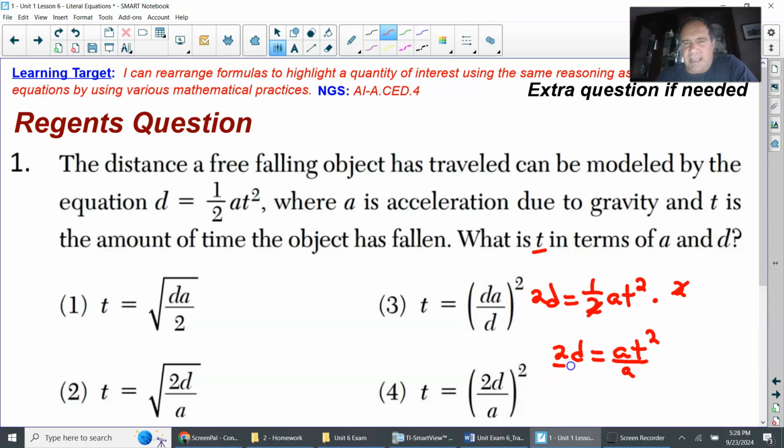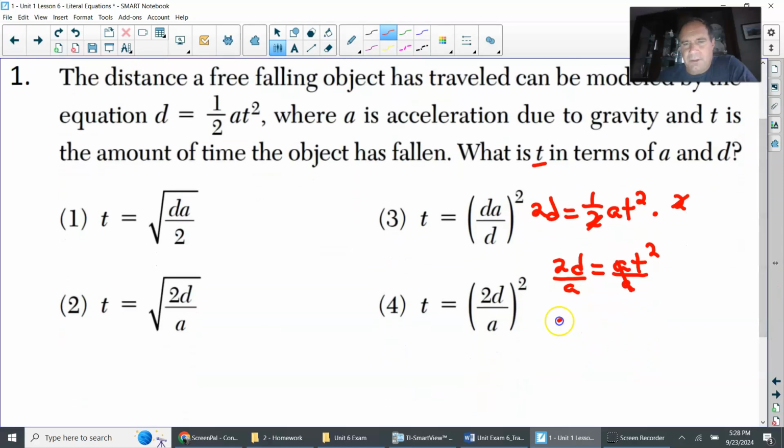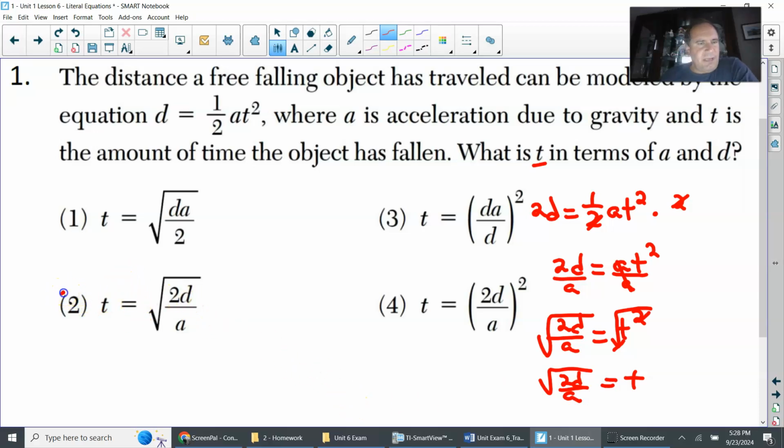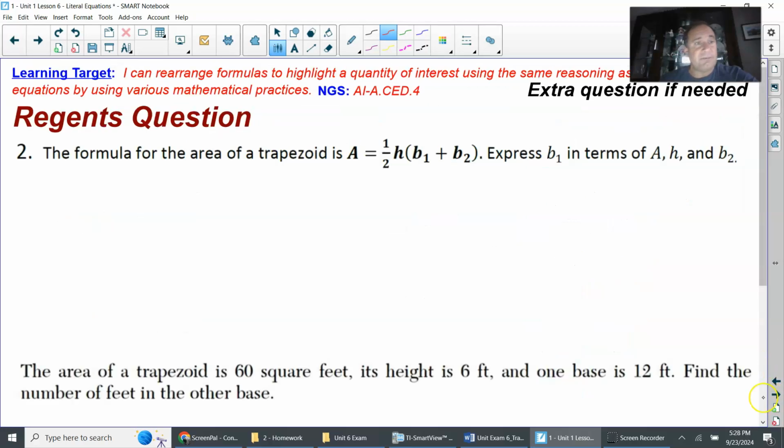Then I'm going to divide by A because I want to get rid of the A. So 2D over A equals T squared. And then the opposite of squared is square root. So T equals square root of 2D over A. Remember, the opposite of squared is square root, so that's where that is coming from.